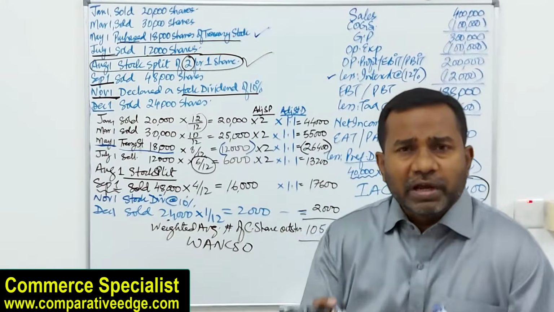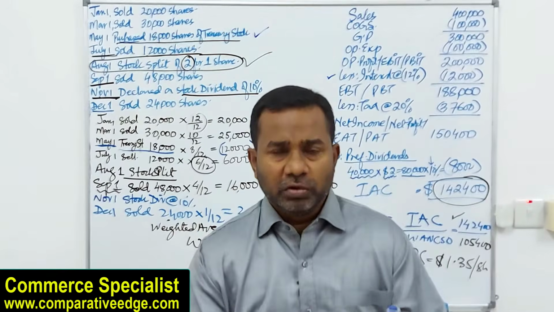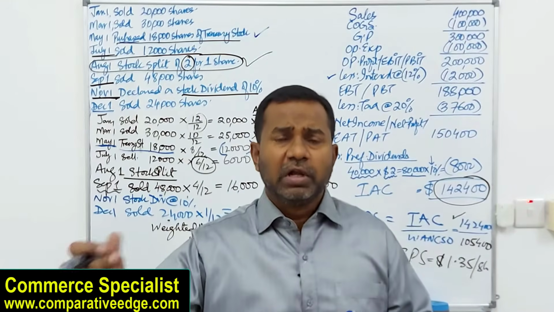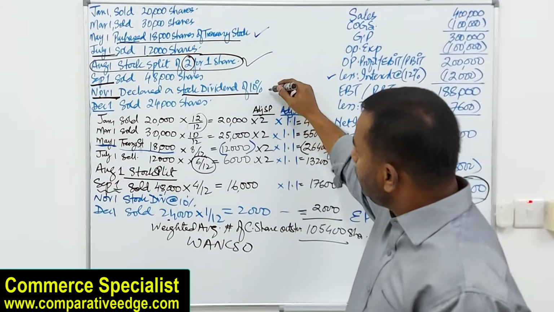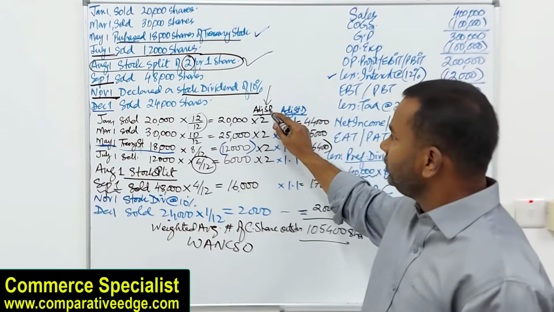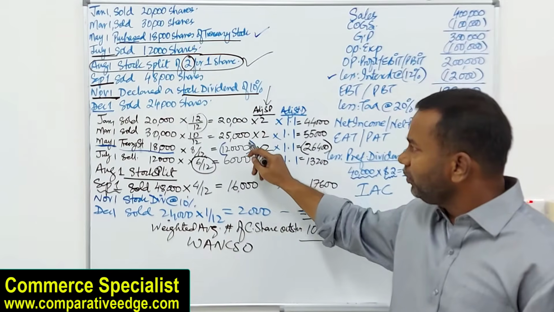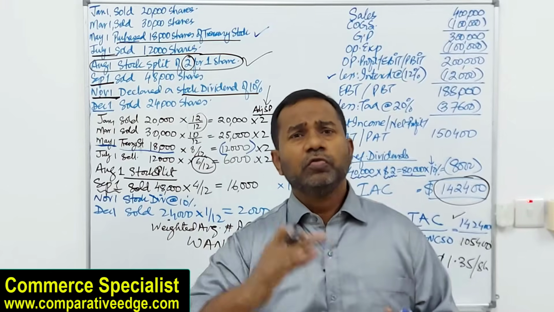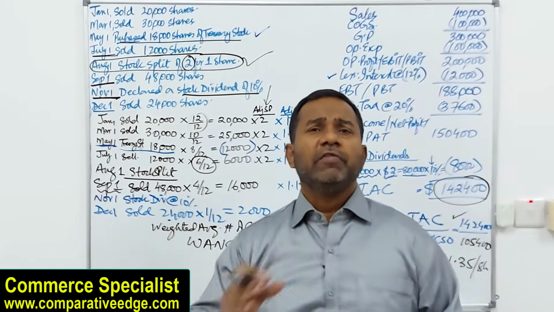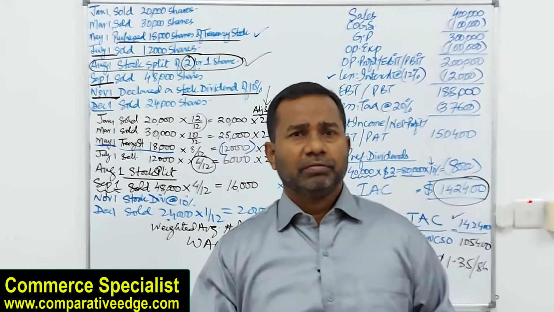So all the shares which were already issued before the 1st of August, stock split is going to affect them. That's why if you look at this adjustment for stock split, I multiplied all the number of shares which were issued before the stock split. If it's 2-for-1, I multiply all the shares by 2. If it is 4-for-1, I multiply by 4.